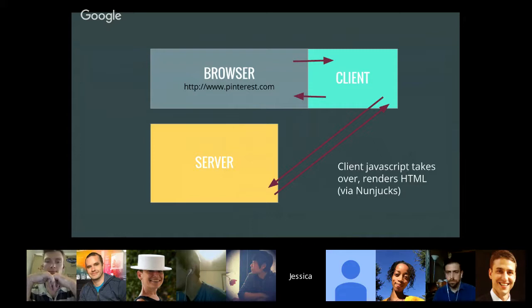You can see the pin showing up right away. That's what we call client rendered. The client is doing the rendering, or the re-rendering, of the HTML. And what the client is using is something called Nunjucks. So what you have to remember is: server, Jinja, Python; client, JavaScript, Nunjucks.